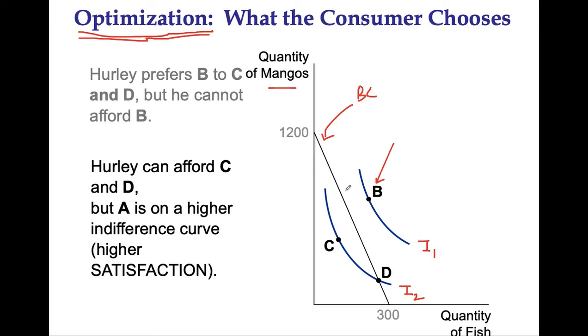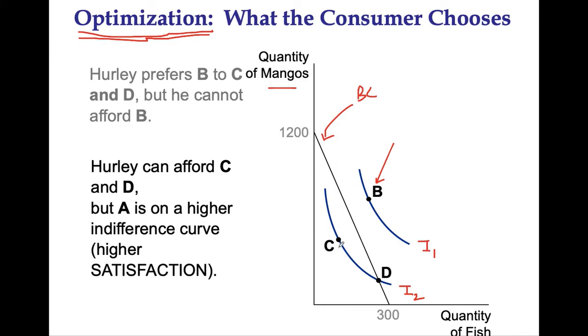This means that though B gives high satisfaction to the consumer, this bundle B cannot be purchased by the consumer because his budget is limited, and his budget cannot buy the bundle B because the bundle B is beyond the budget constraint. Okay, so B is not a solution for the consumer.